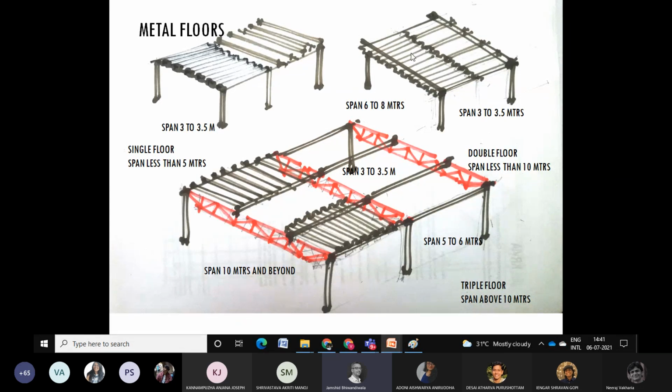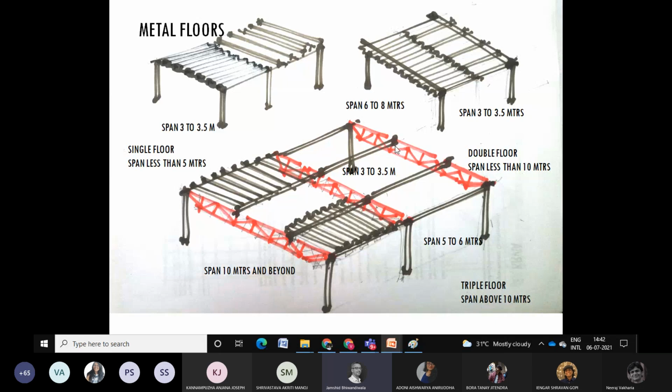By adding a sub beam, I am further subdividing the bay into smaller bays of 3 to 3.5 meters, whereby I can again put joists. And in a triple floor, I might as well go for a girder or a truss. If you want a sloping roof, a truss makes more sense.